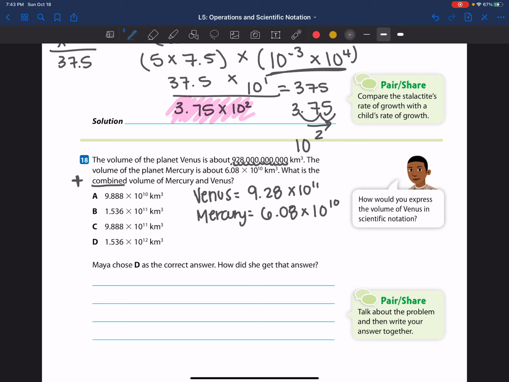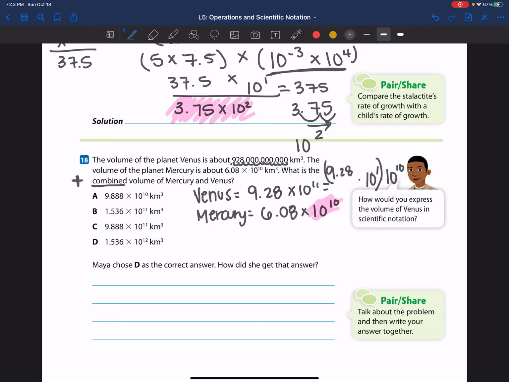And we learned in this lesson that when you're adding or subtracting, you need to have a common factor. So all we'll do is identify the lowest power of 10, and that's 10 to the 10th power. So I need to change Venus to an equivalent expression that also has 10 to the 10th power. And that's going to be 9.28 times 10 to the first times 10 to the 10th.